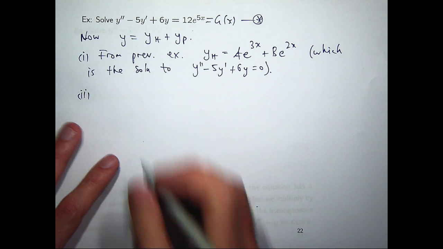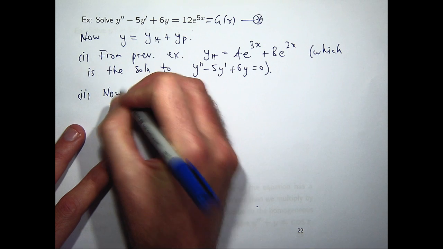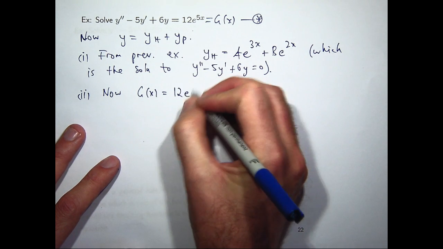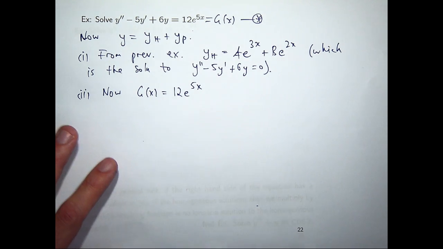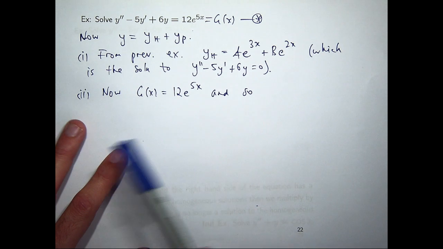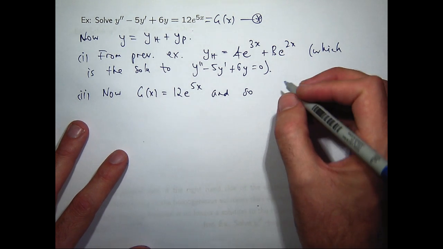Okay, so we look at the form of g of x. It's an exponential function. And I'm going to use that to construct the form of my y sub p, my particular solution.